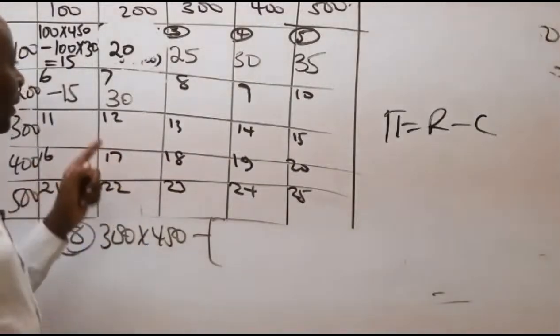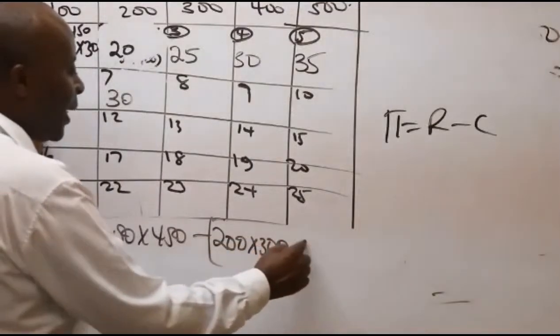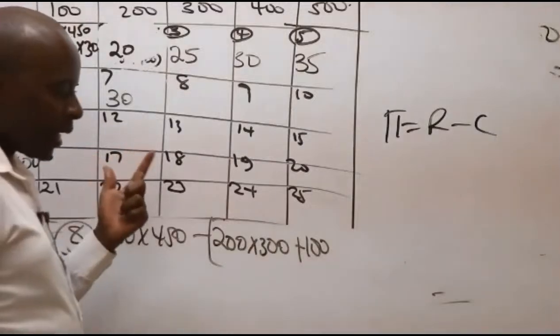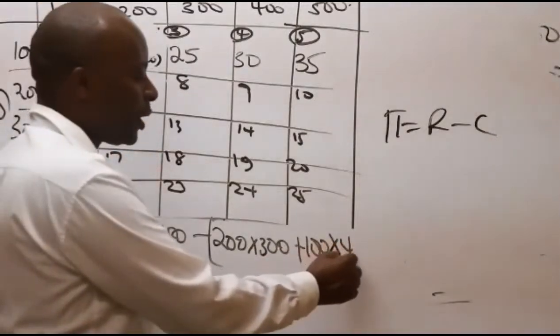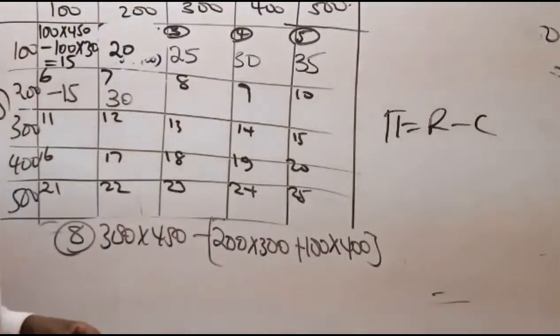There is a normal cost of producing 200 at 300, plus 100, because now we have to push up 100 at a higher cost of producing more, which is 400. Let's see whether it will come to 0, Jerry, or 25.